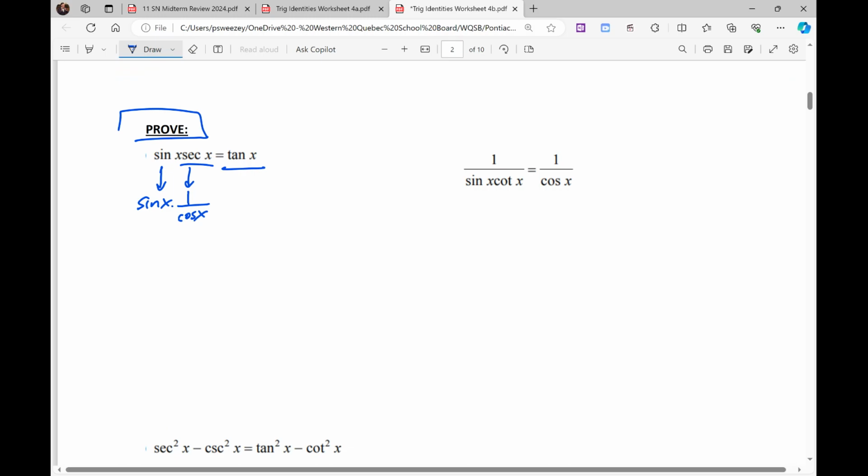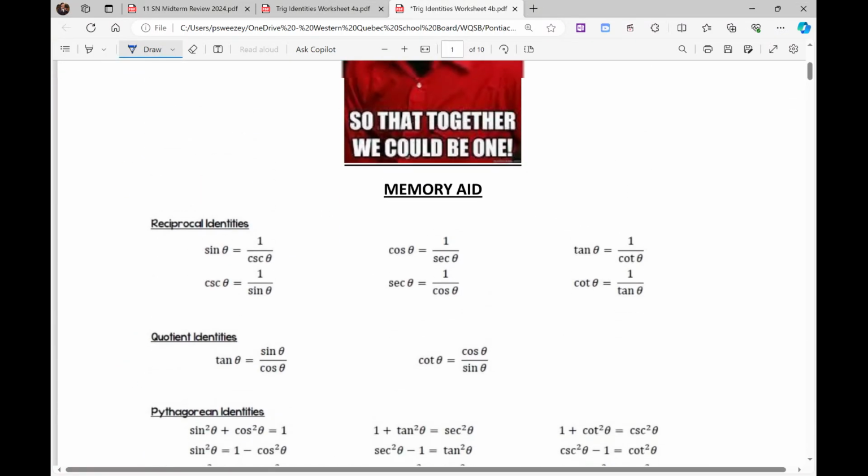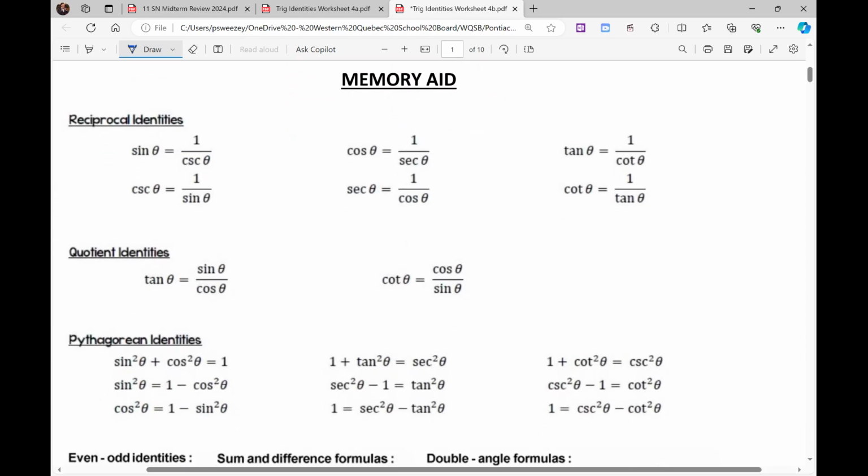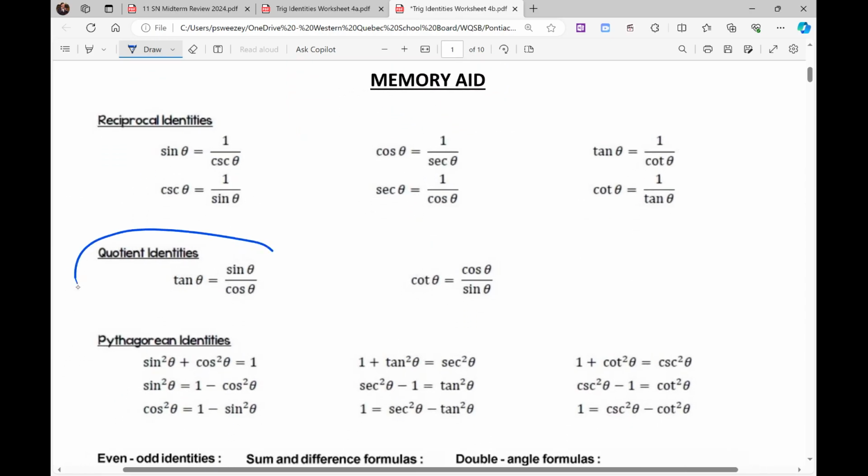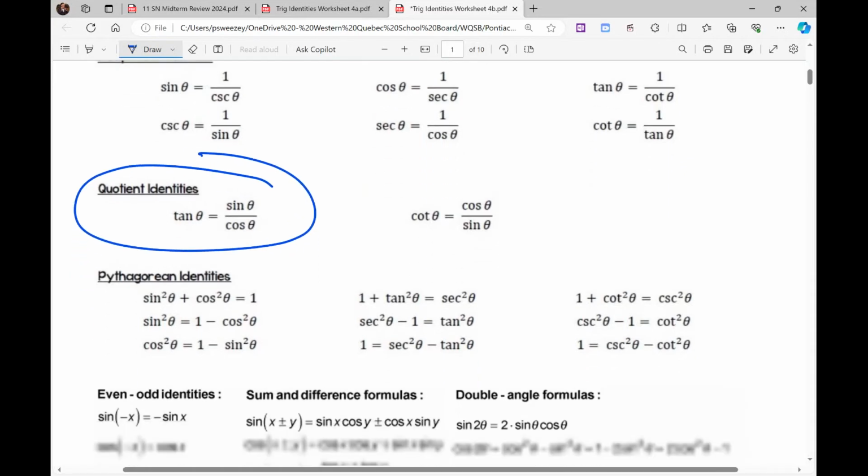Well, if you look at this here now, sine x times 1 over cosine x, I'm just multiplying the two together. That could be written like this: sine x over cosine x. Which, if I go back up to my identity sheet and look at the identities I could use here, quotient identity: tan theta is equal to sine theta over cosine theta, or sine x over cosine x, right?